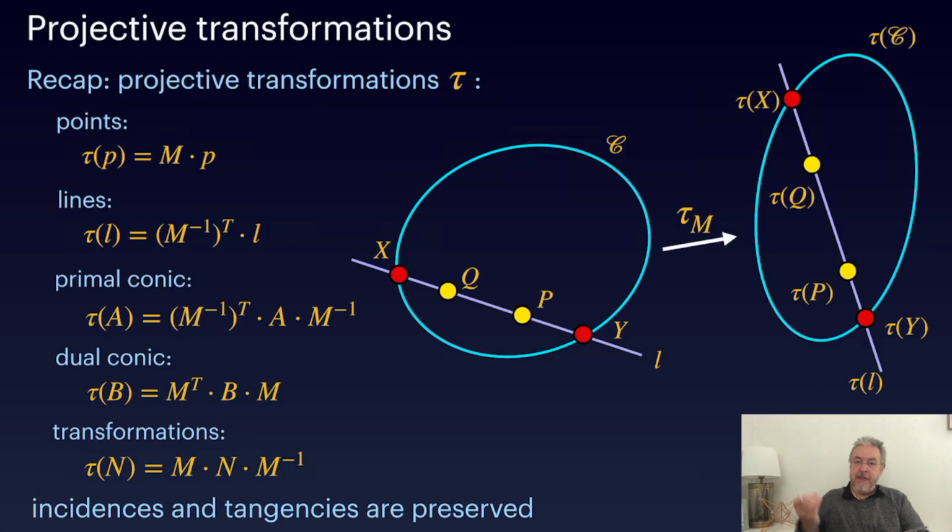So consider a transformation as a unique projective entity that also has to be transformed in a way. And here, notice an important difference. A transformation is transformed in a way such that from one side you have to multiply with M, and from the other side you have to multiply by M inverse in order to preserve all properties. You can easily check that.